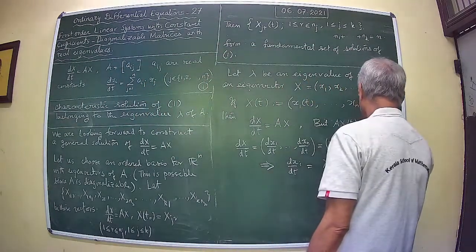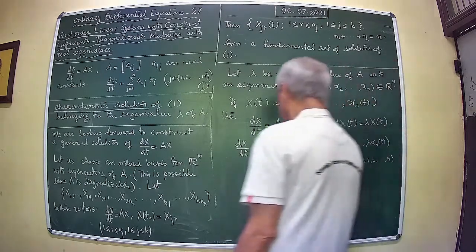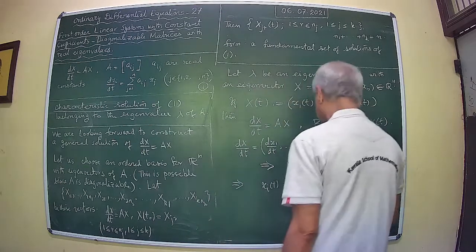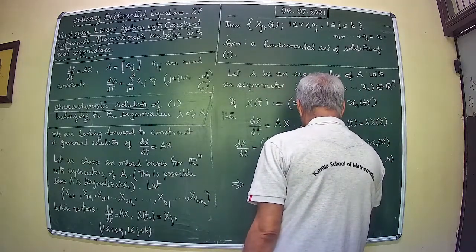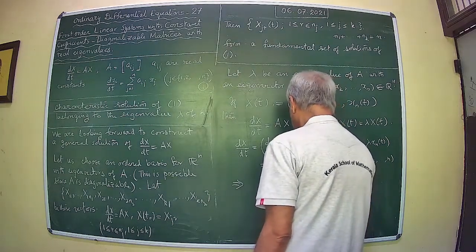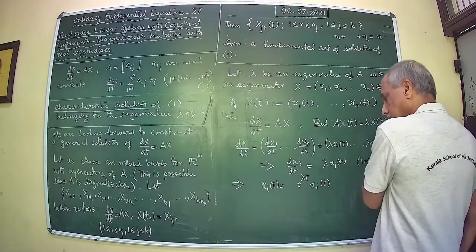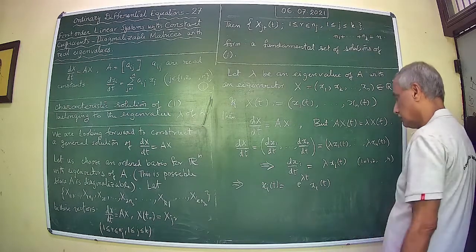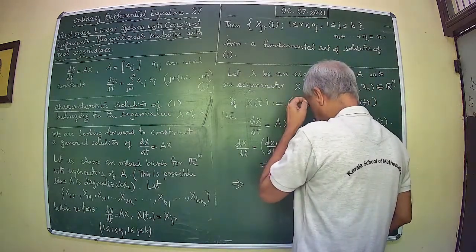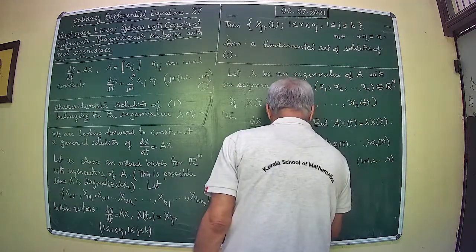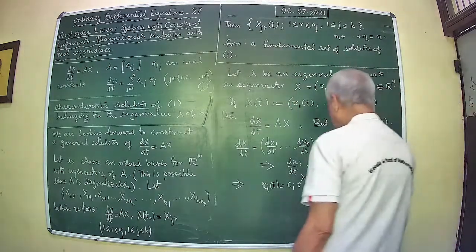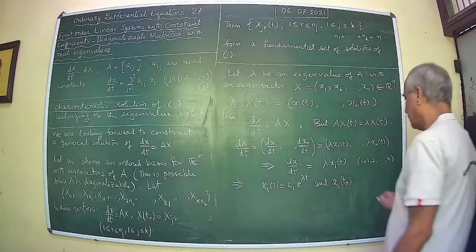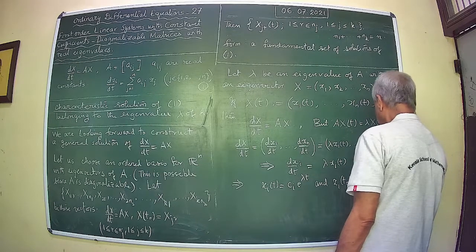Okay, this is true for each i, where Ci is an arbitrary constant and x_i(t naught) is now equal to Ci e to the power lambda t naught.